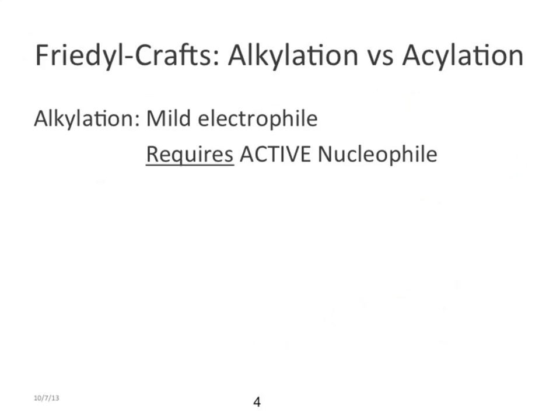Okay. But once we've said, okay, we've now got that, and we've got our electrophiles at least somewhat able to form, we still need the nucleophile to come in and react. And in the case of the alkylation, if our nucleophile isn't nucleophilic enough, it's not enough to overcome the equilibrium forcing enough of that R group to be positive.